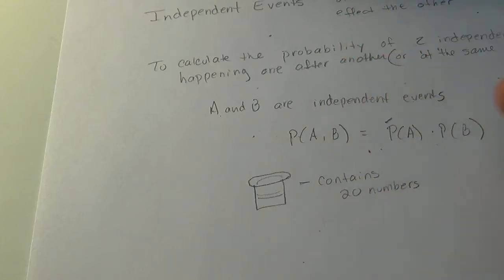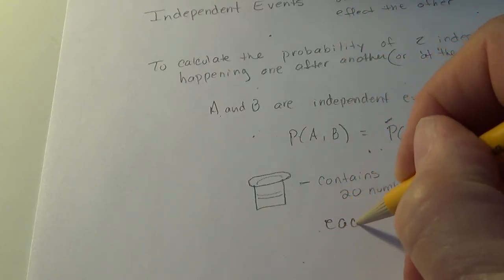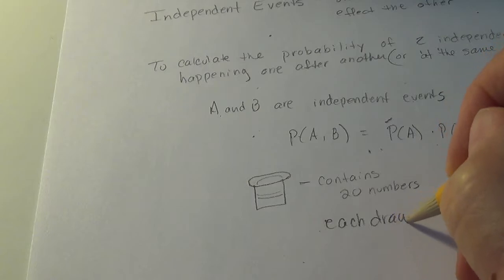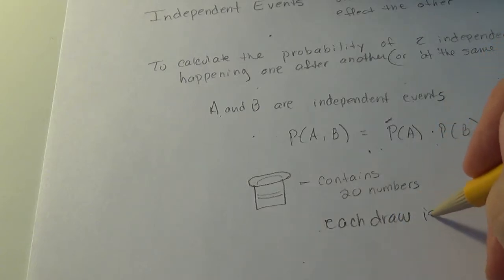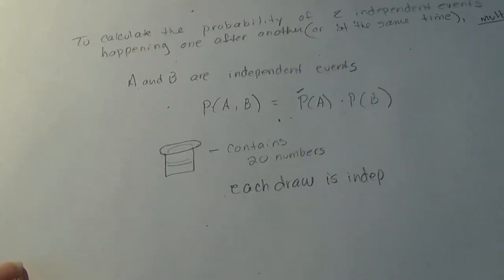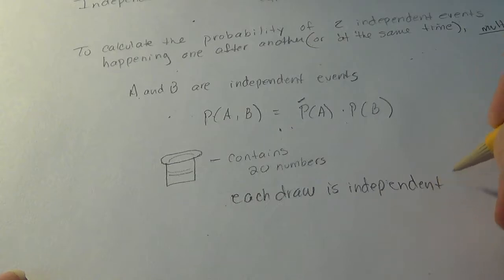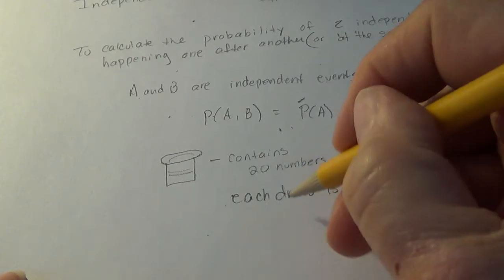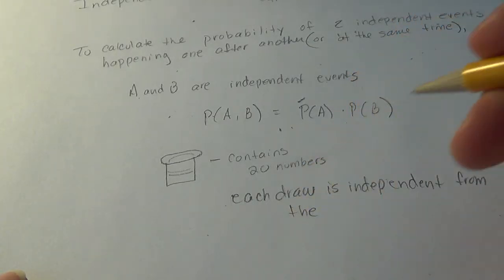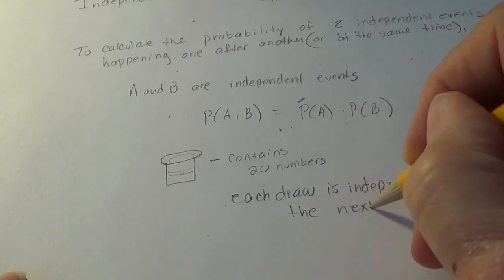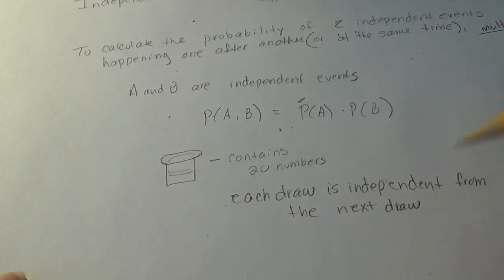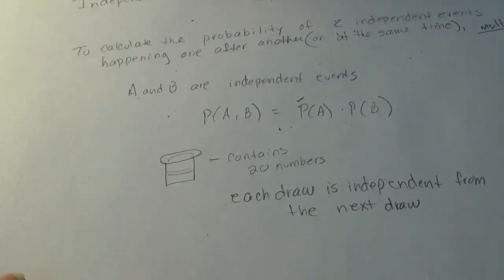Each draw is independent from the next draw. As long as I throw the numbers back in the hat each time, one draw will not affect the next.